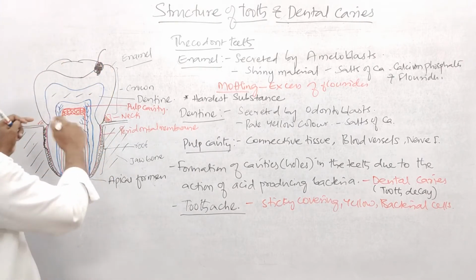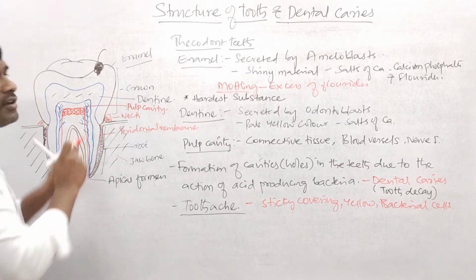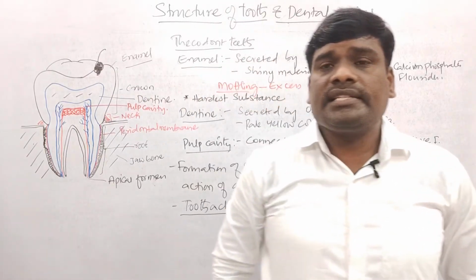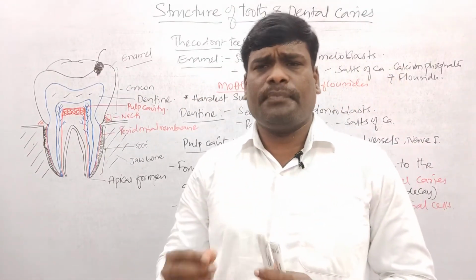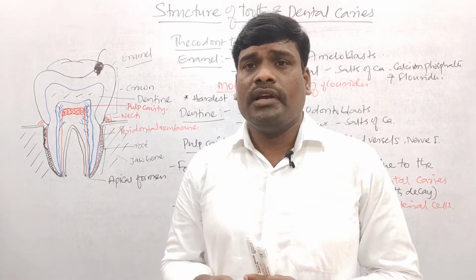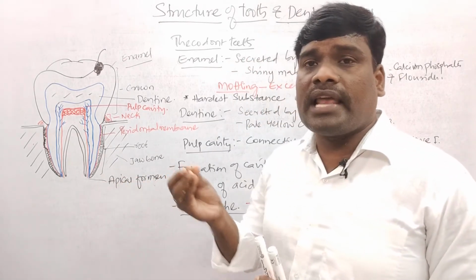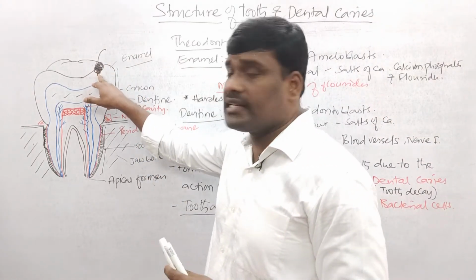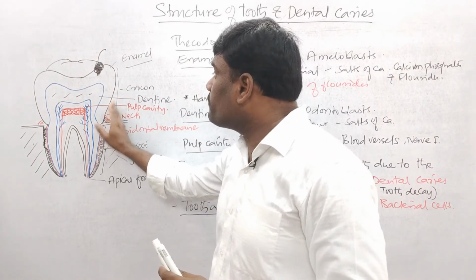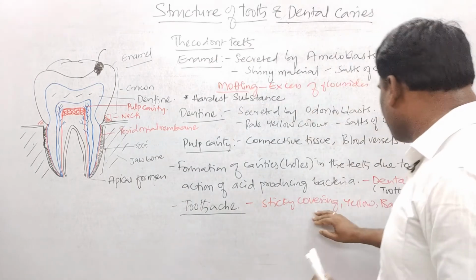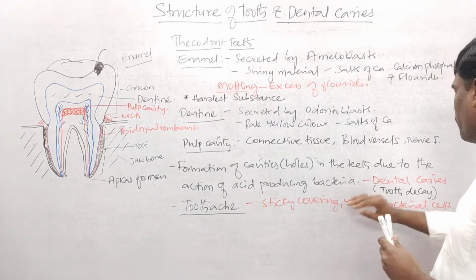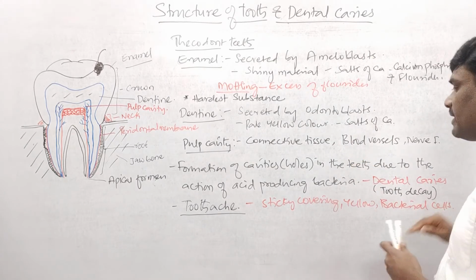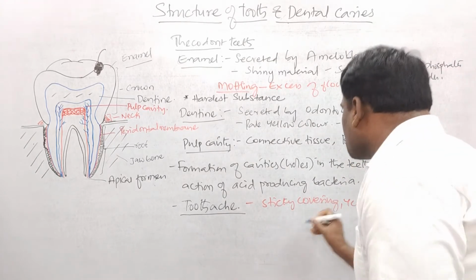So when this forms a layer over the crown, what happens is the saliva, which is slightly alkaline in nature, children, neutralizes these acids. But because of the presence of this sticky, yellow covering over the crown, which consists of bacterial cells, children, this is called plaque.